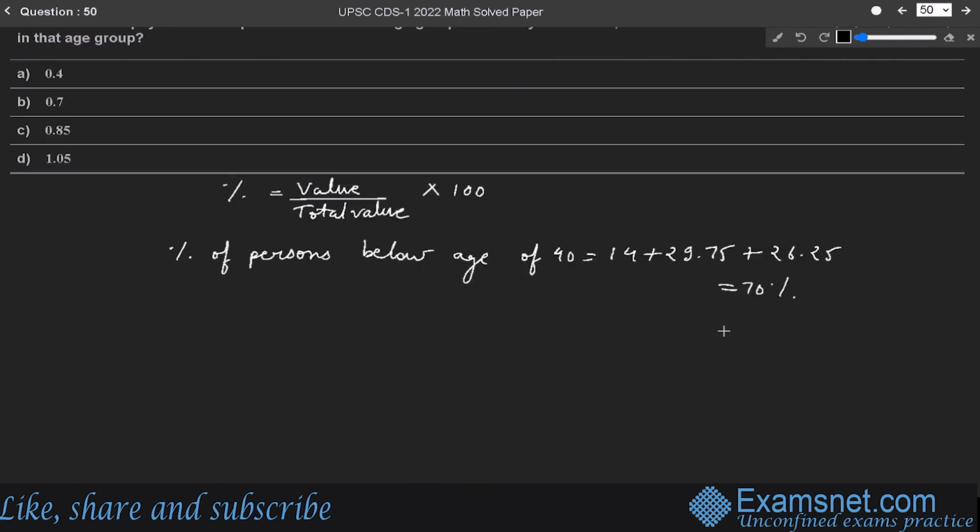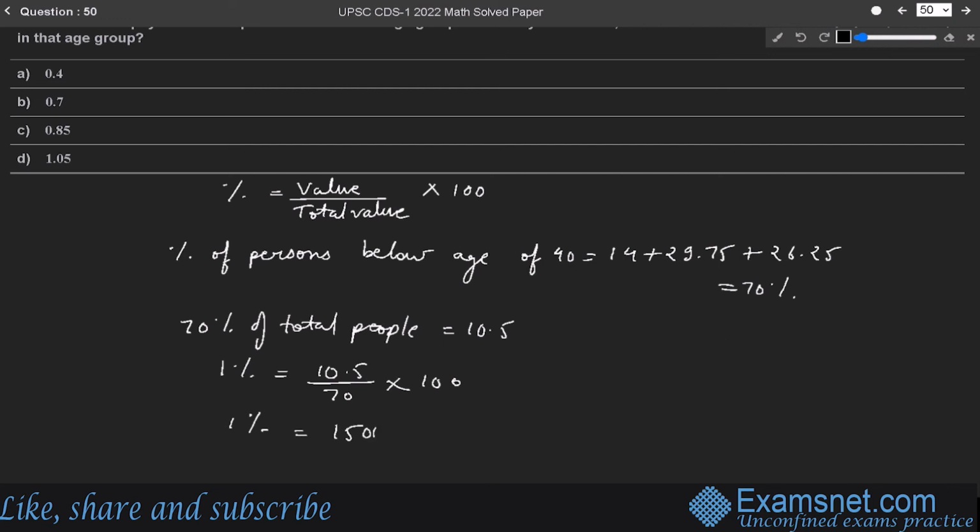Now, according to the question, 70% of the people is equal to 10.5 lakhs. It means that 1% will be equal to 10.5 upon 70 into 100, so 1% of total people will be 15,000. We have already found it in the last question.